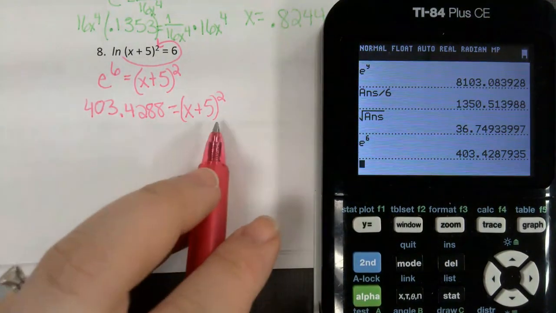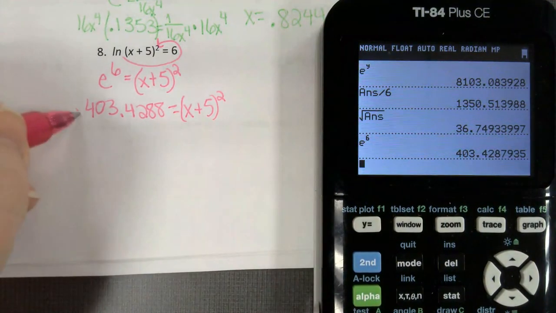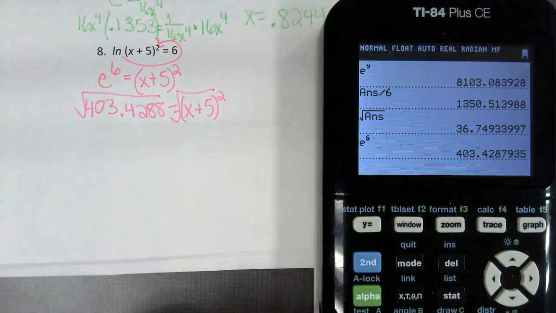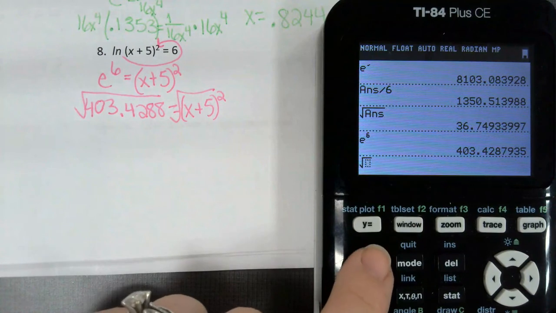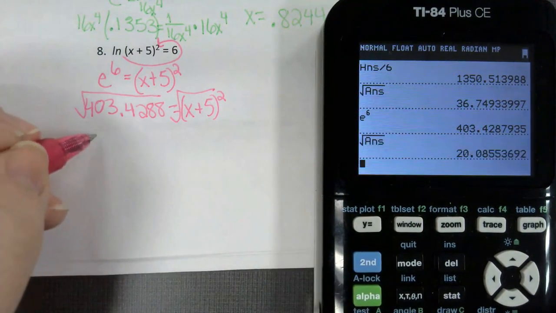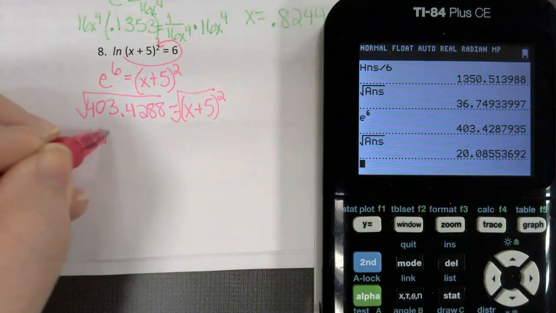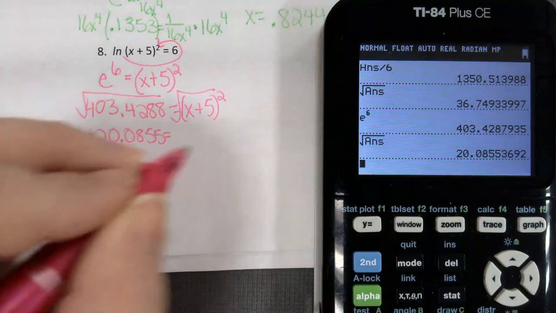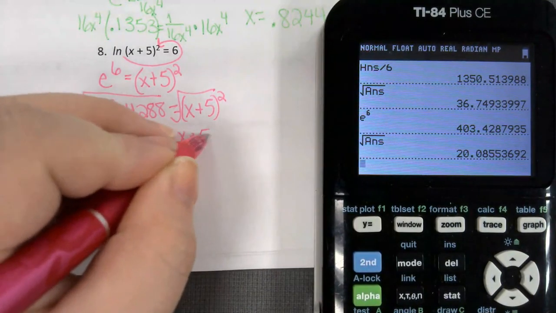Now we need to square root both sides to get rid of this square. And whenever we square root both sides, we have to put a plus or minus in front of it. We're going to use that A and S button, second and the negative button. So plus or minus 20.0855 equals x plus 5.